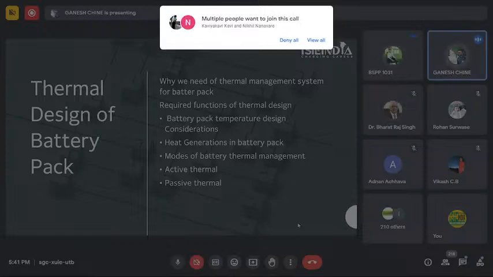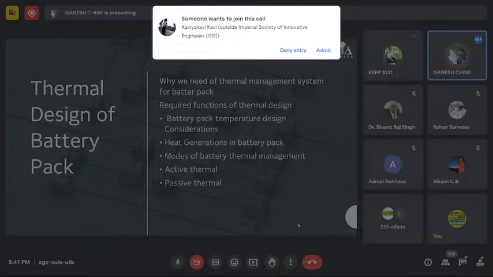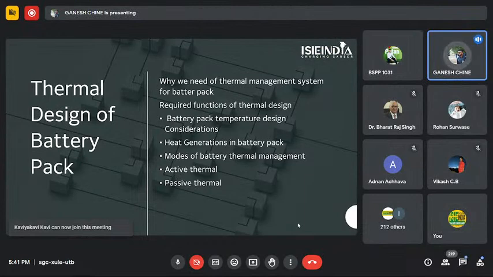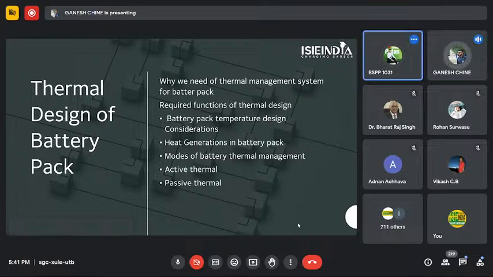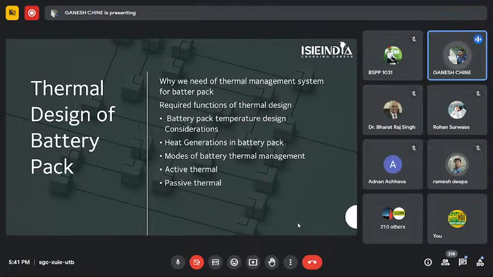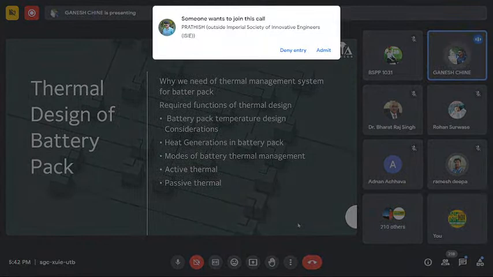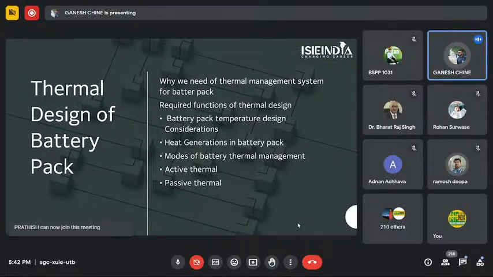we have that ambient temperature condition is 15 to 35. Suppose according to your application, you require high current, high voltage. At that time, ultimately the temperature in the cell may increase. By Joule heating, we can calculate the temperature.